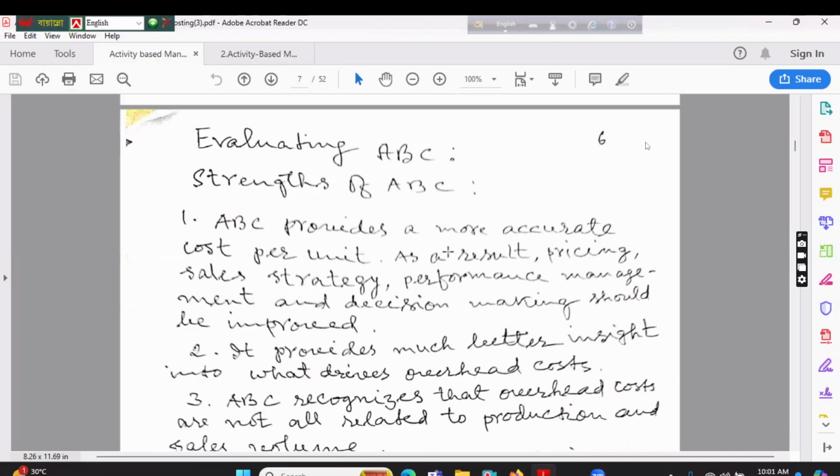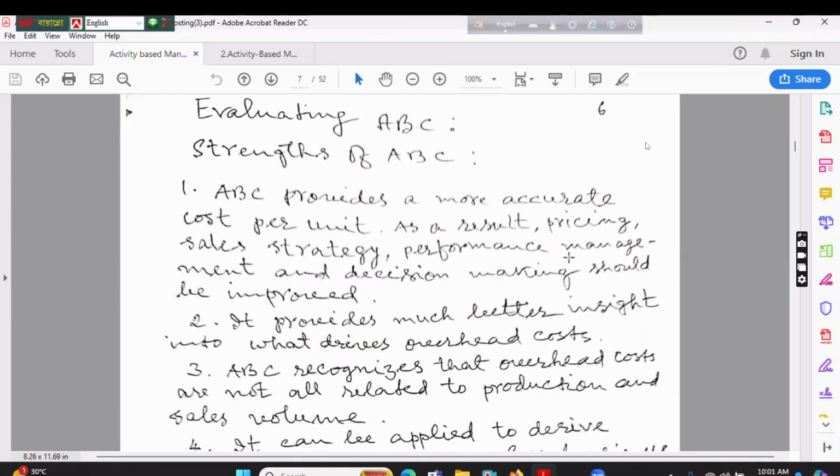ABC provides a more accurate cost per unit. That ABC provides more accurate information about cost per unit. As a result, pricing, sales strategy, performance management, and decision making could be improved.